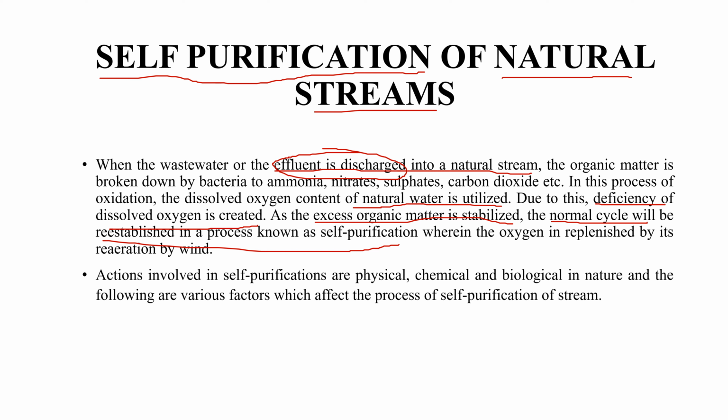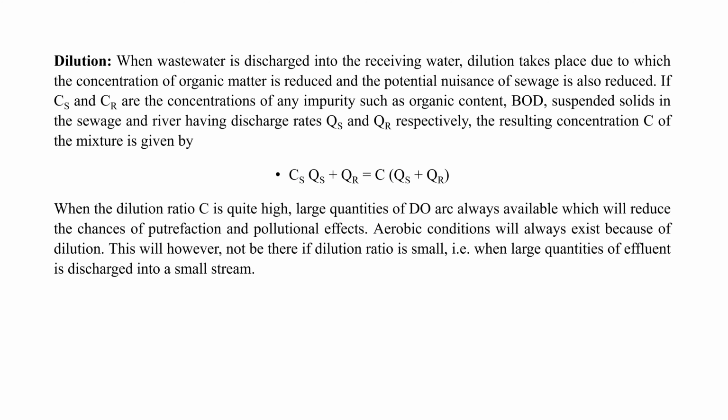In the further slides, we are going to see the different types of self-purification of natural streams. The first one is dilution, the amount of pure water. Whenever wastewater is discharged into the receiving water, dilution takes place, due to which the concentration of organic matter is reduced and the potential nuisance of sewage is also reduced.